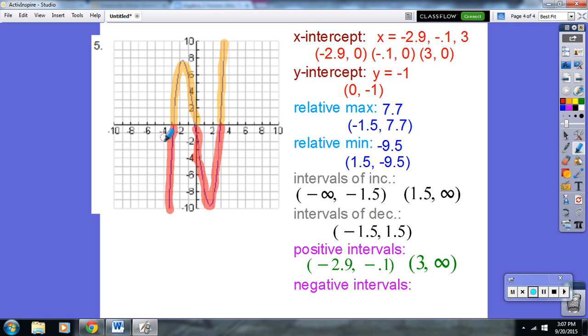So my first negative interval would be negative infinity to negative 2.9. Then I have this other section that travels from here to there. This x-intercept is negative 0.1 and this x-intercept is 3, so that interval is negative 0.1 to 3. My negative intervals would be negative infinity to negative 2.9 and negative 0.1 to 3. And that is how I determine all these characteristics of a graph.